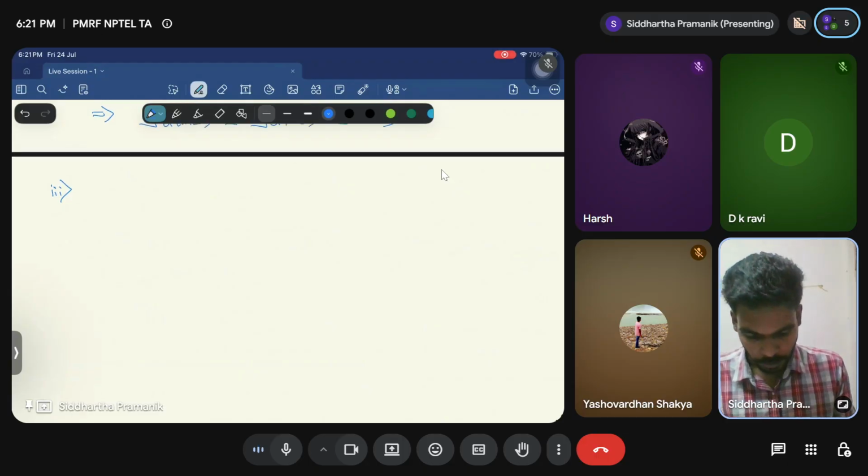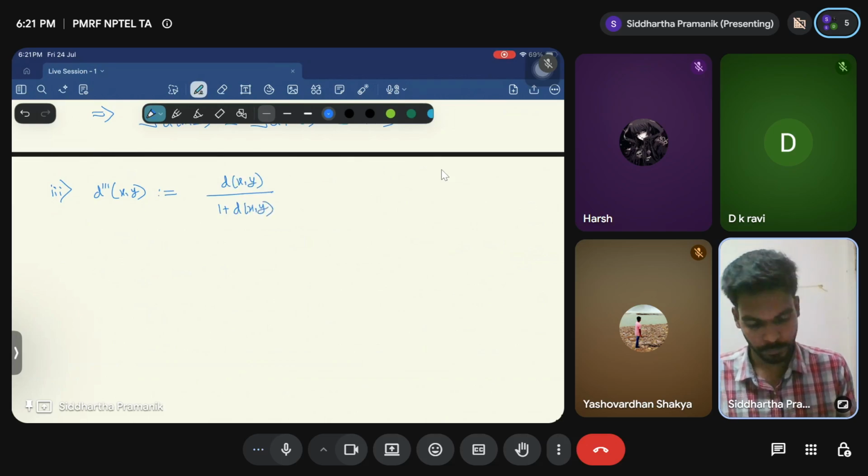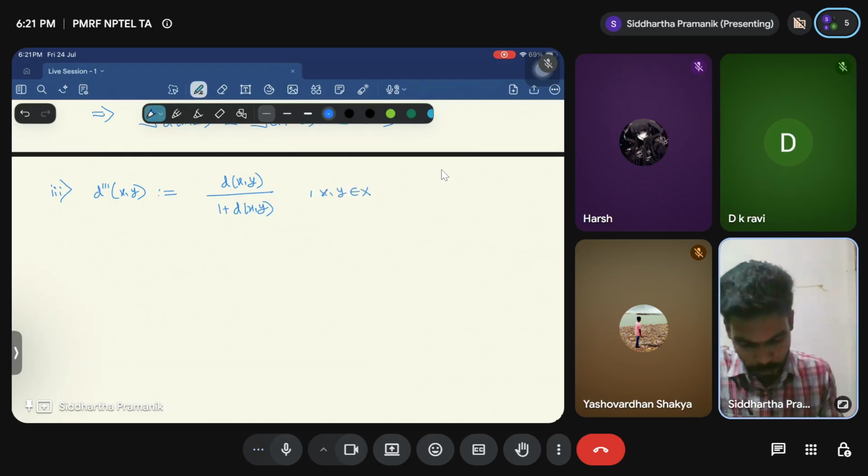Okay, so the third one is d triple prime of x, y. It is defined as d of x, y over 1 plus d of x, y. So we need to prove this one is a metric. So the non-negativity part.